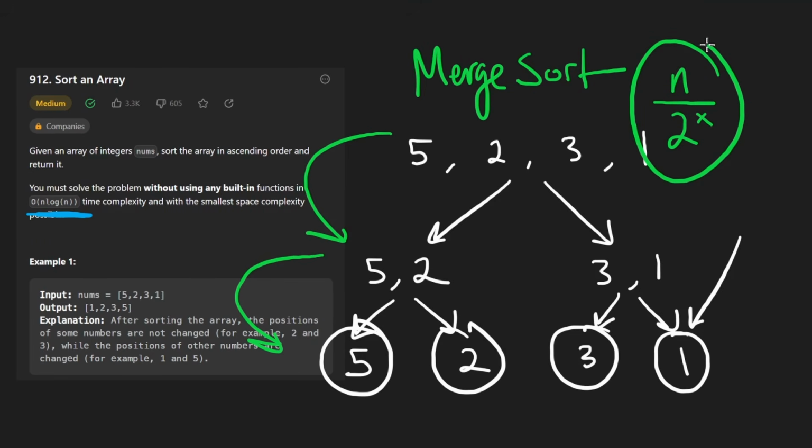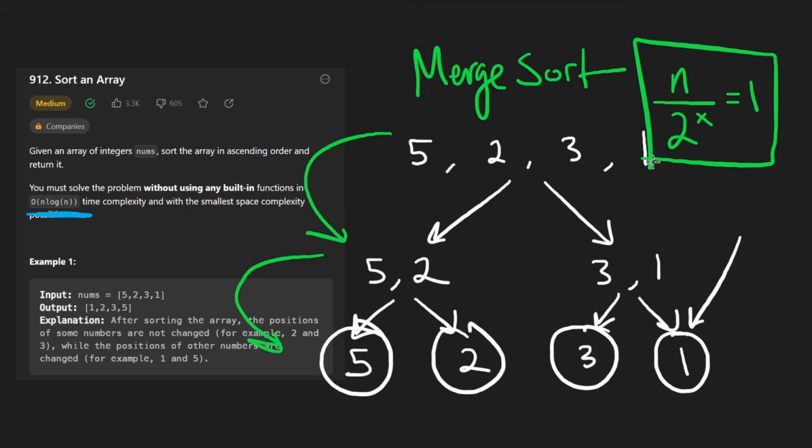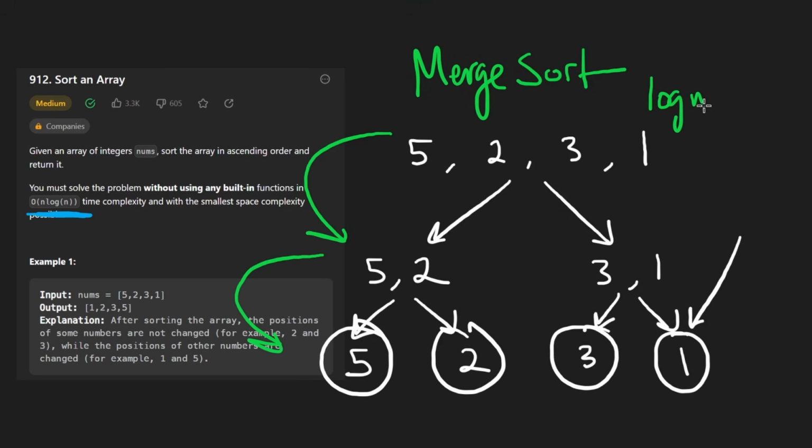How many times can we do this until n has been divided so many times that it's equal to 1? Well, you rearrange this math equation and basically take the log of both sides, and what you will get is log n is equal to x. That basically means that the height of this tree is going to be log n.